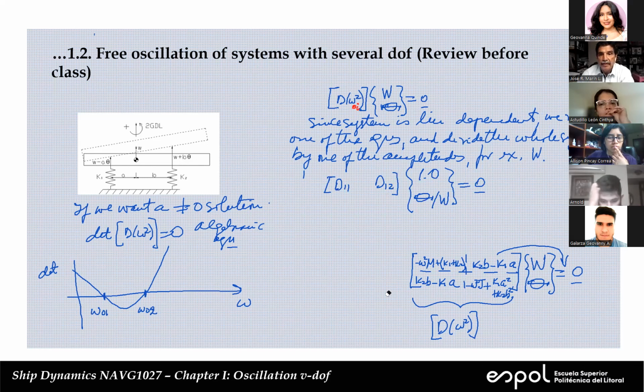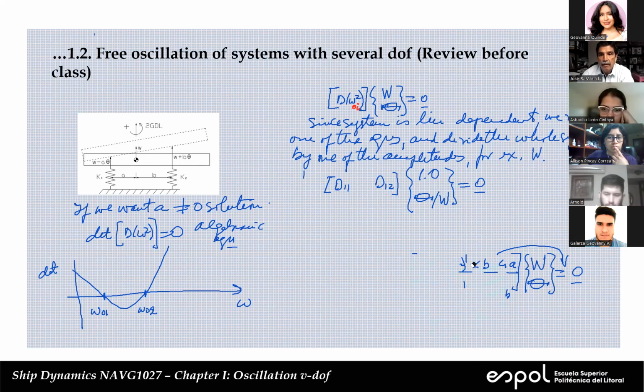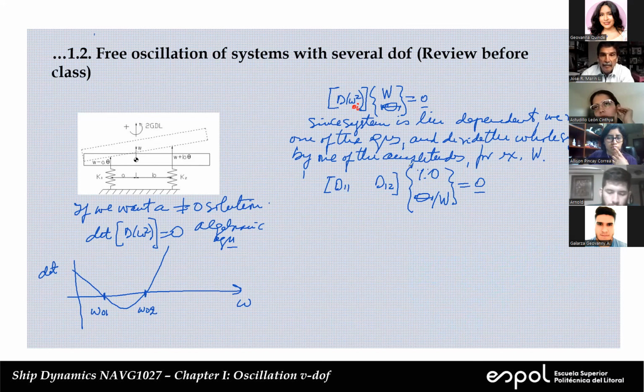Next, let me erase all of this. You can see that this is known, this is 1, multiplied by this one here, and the result is something that you know.